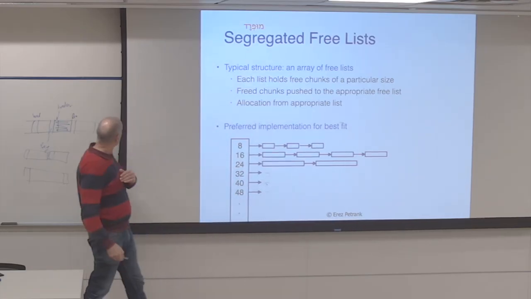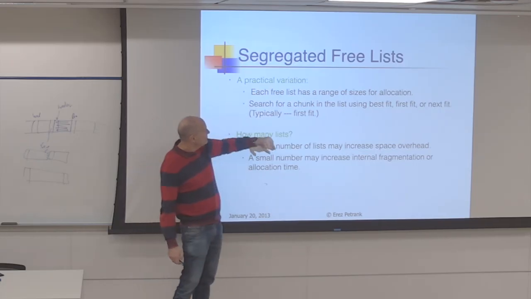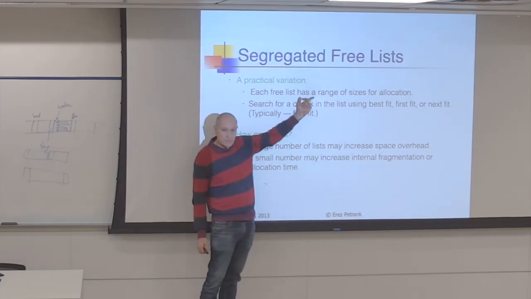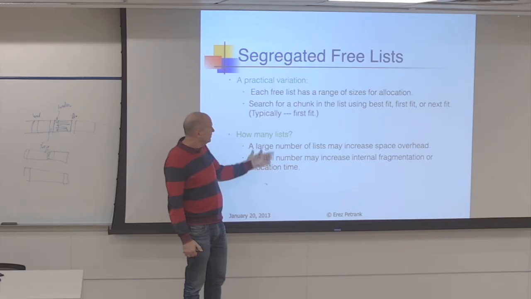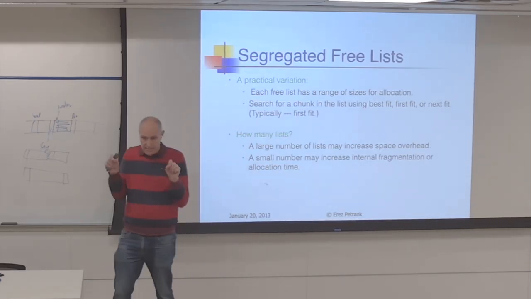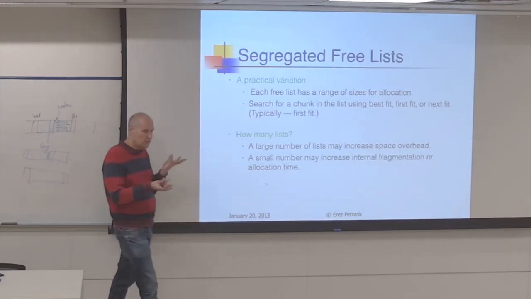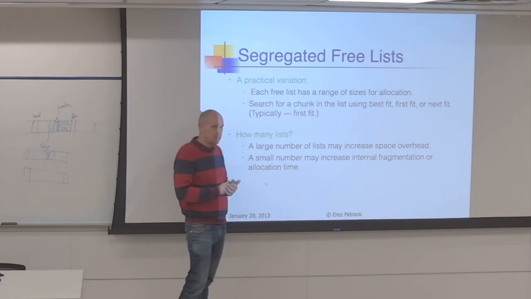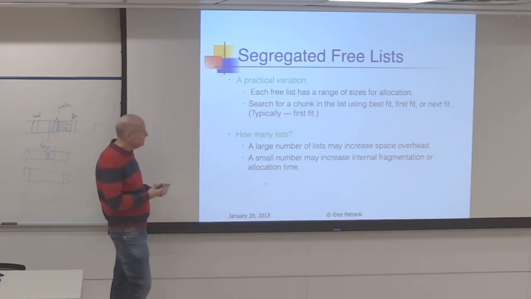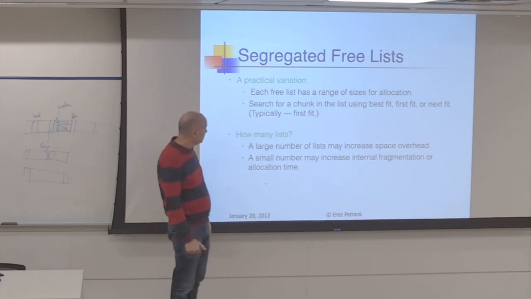And then I think there is a practical variation. Each free list will have a range of sizes, and you search for a chunk in the list. You could then, inside the list, do best fit or first fit. And usually we do first fit. We look for the first thing that matches what we need, and we use it for allocation.